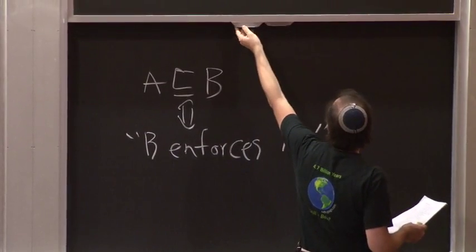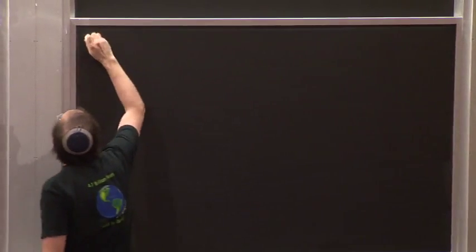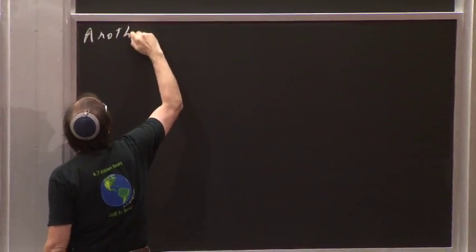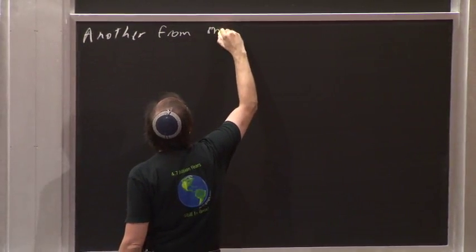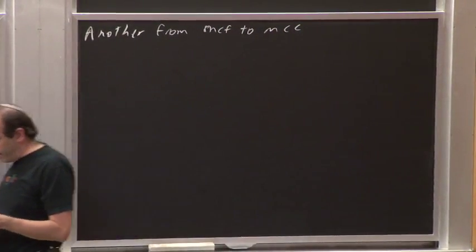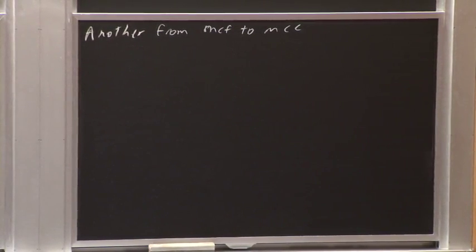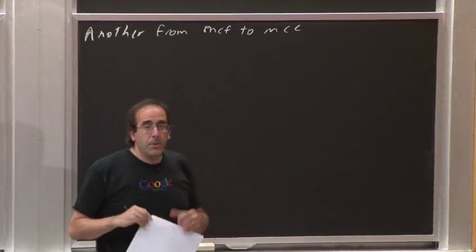For insight, I'm going to give you one other different reduction. Another way of going from min cost flow to min cost circulation. And that's to use what we already have.